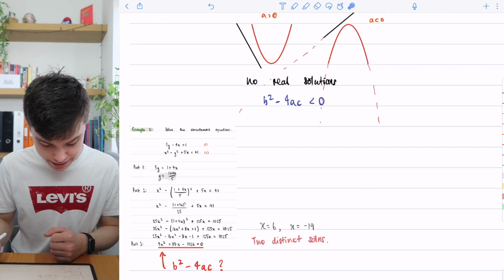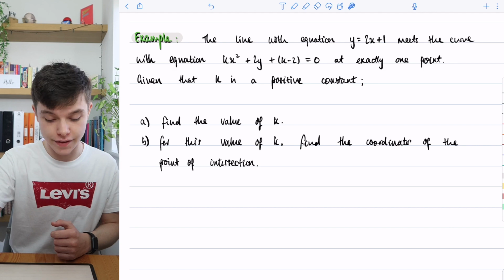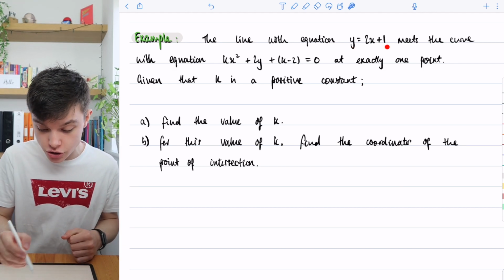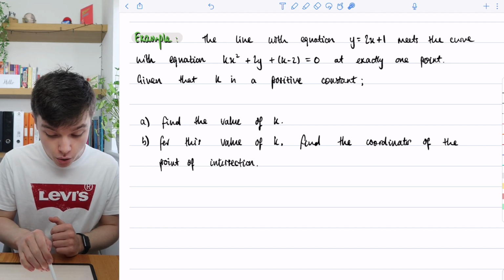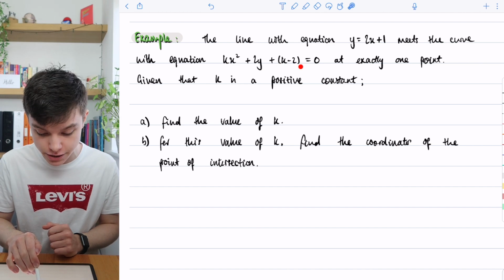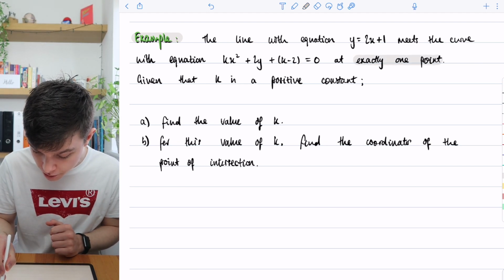So let's have a look at an example, and it's the final example for this video. We are told that the line with equation y is equal to 2x meets the curve with equation kx squared plus 2y plus k minus 2 equal to 0, at exactly 1 point.